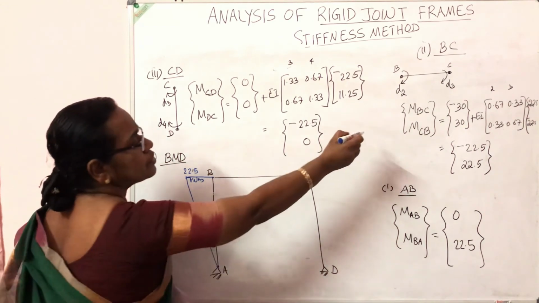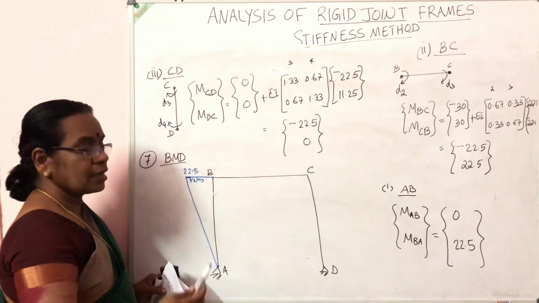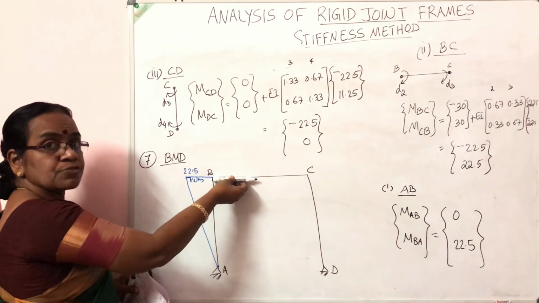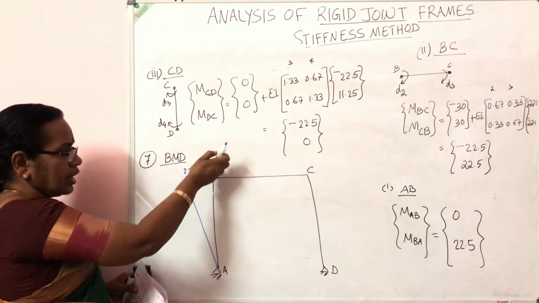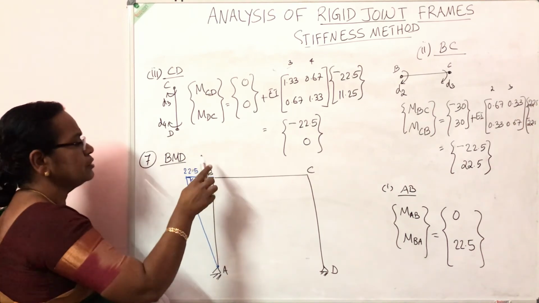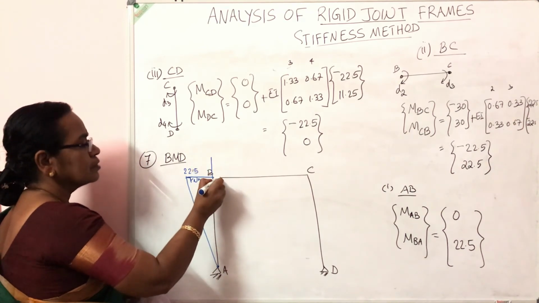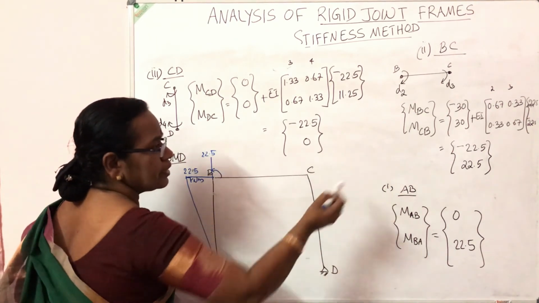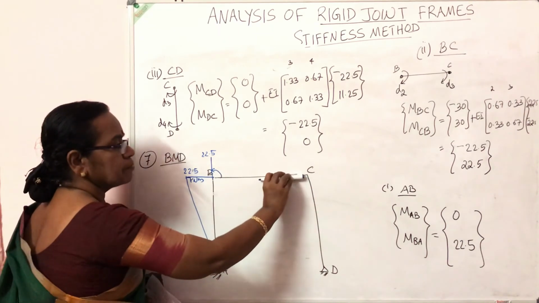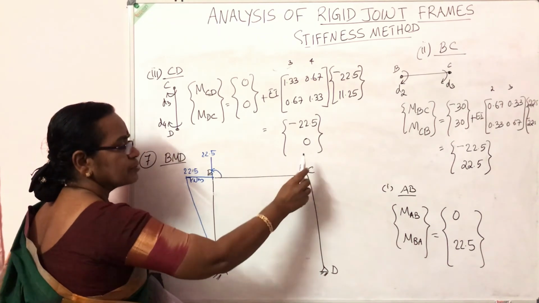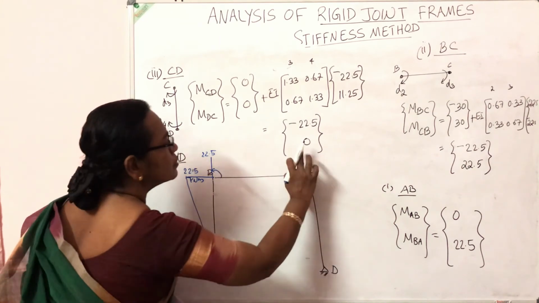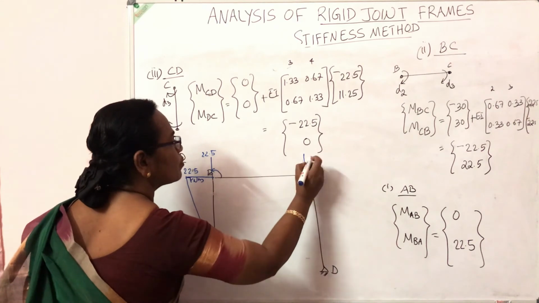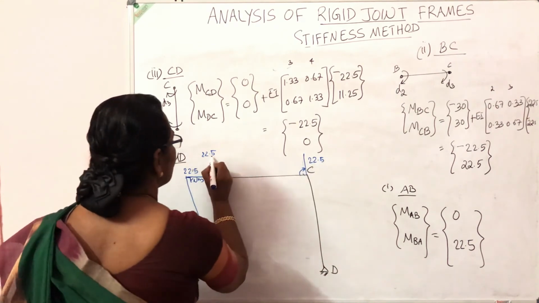Coming to the second span, MBC, B to C, place it like this. Minus 22.5 means anti-clockwise, so it should rotate in the anti-clockwise direction. Mark 22.5 here. And MCB is 22.5, C to B, place it like this. Clockwise, so it should go up at the point C. Mark 22.5 clockwise and join it.